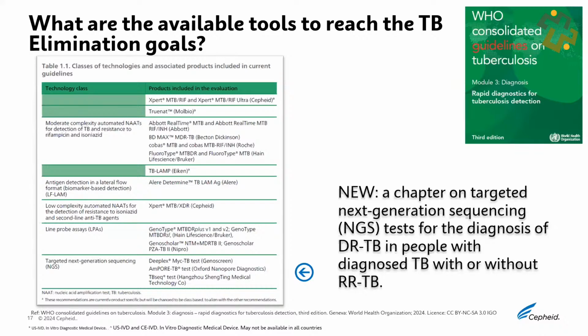So the WHO has released these consolidated guidelines on tuberculosis diagnosis. It has the different tests, from the NAATs, LPAs, and LF-LAM, and targeted next-generation sequencing, with a new chapter added for sequencing-based tools to improve drug-resistant TB detection and support elimination goals.